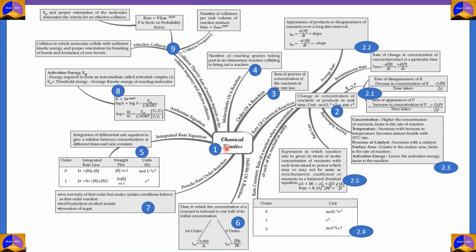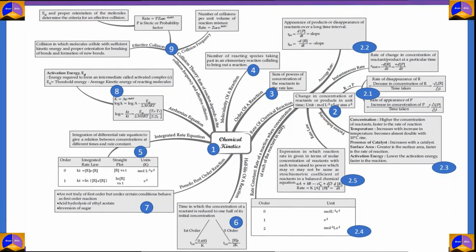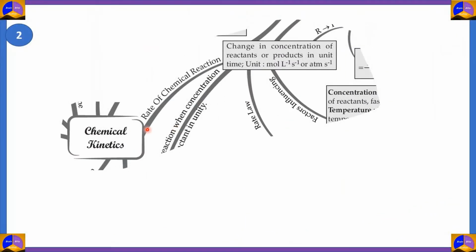So from chemical kinetics, we're moving on to the rate of a chemical reaction. So how do we define the rate of a chemical reaction? The rate of a chemical reaction is defined as the change in concentration of reactants or products in unit time.